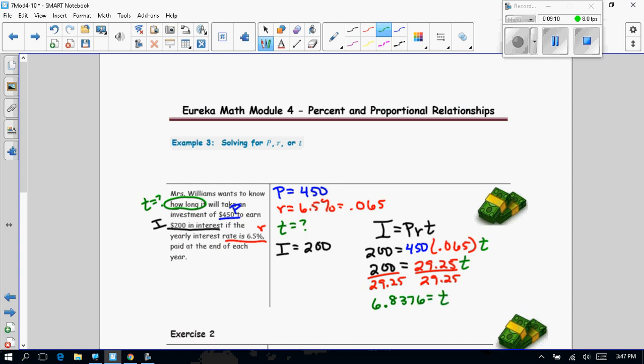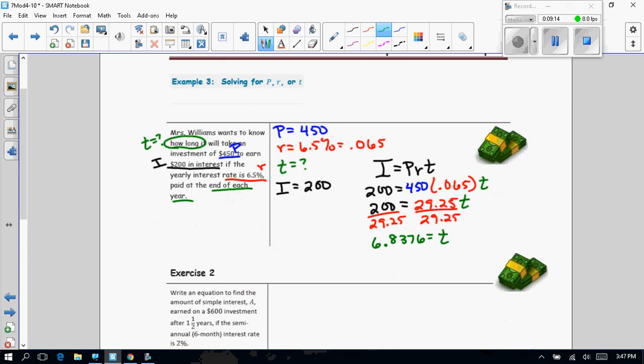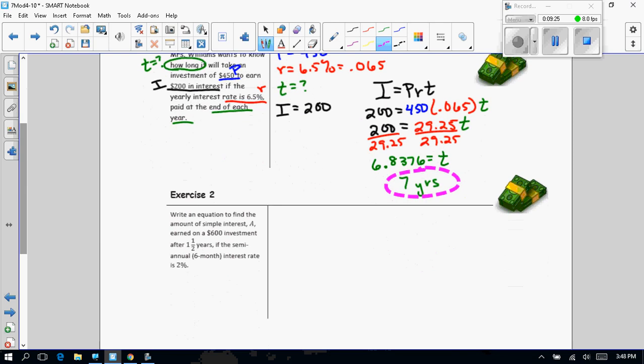Okay, and it says it gets paid at the end of the year. So we'll get paid at the end of year 6, which means at the beginning of year 7. Okay, 7 years.